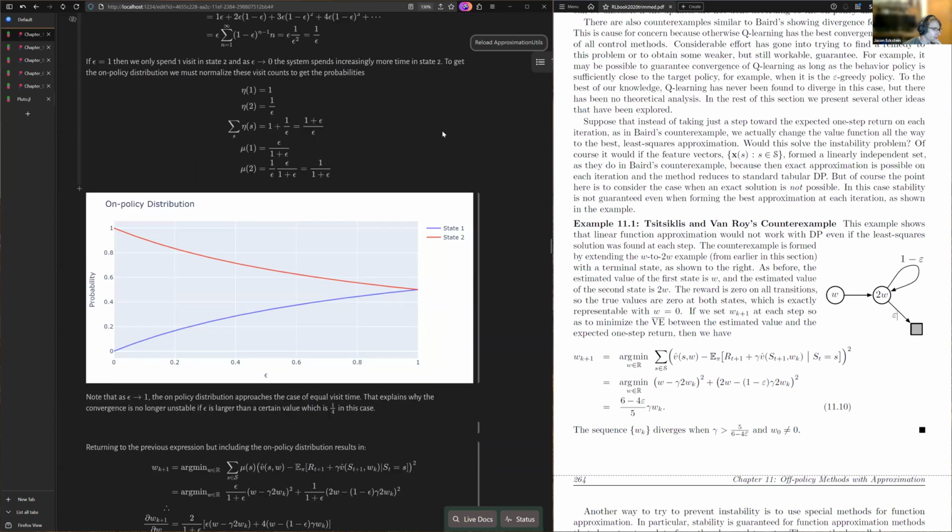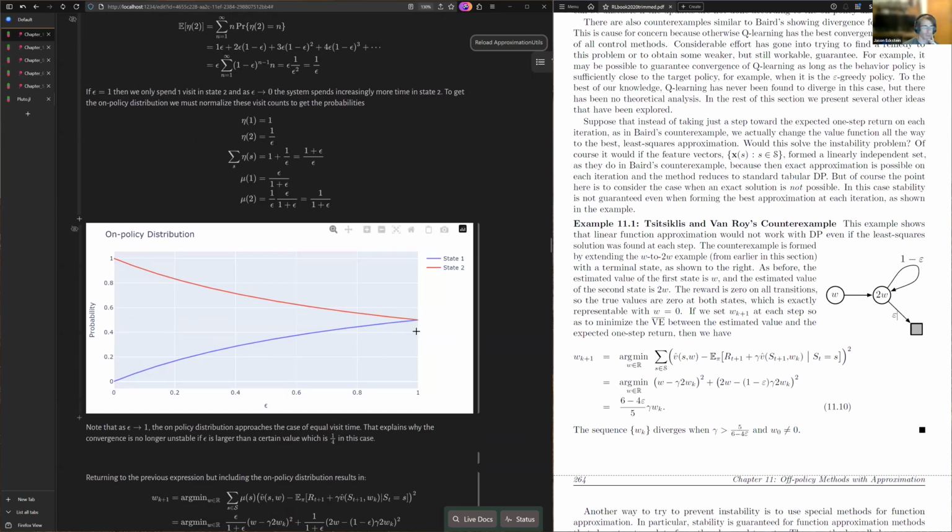And here I've plotted what that is as a function of epsilon. If epsilon is 0, we have no chance of being in state 1, and we spend all of our time in state 2 because we just stay here forever. As epsilon approaches 1, the visit counts end up equaling each other, because they each have an expected number of visits of exactly 1 in both cases.